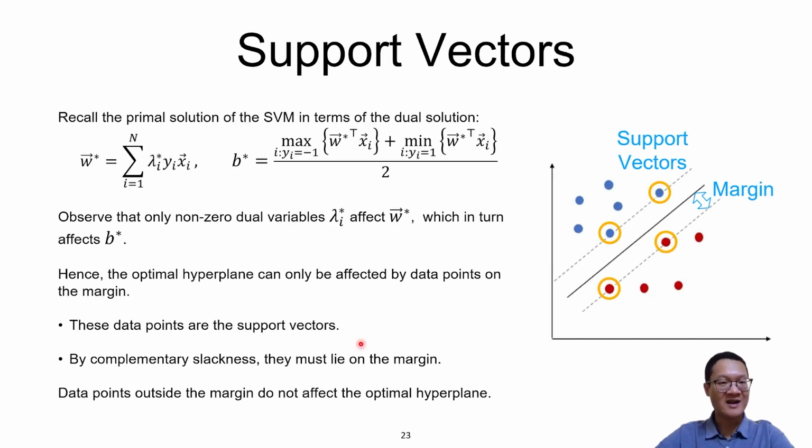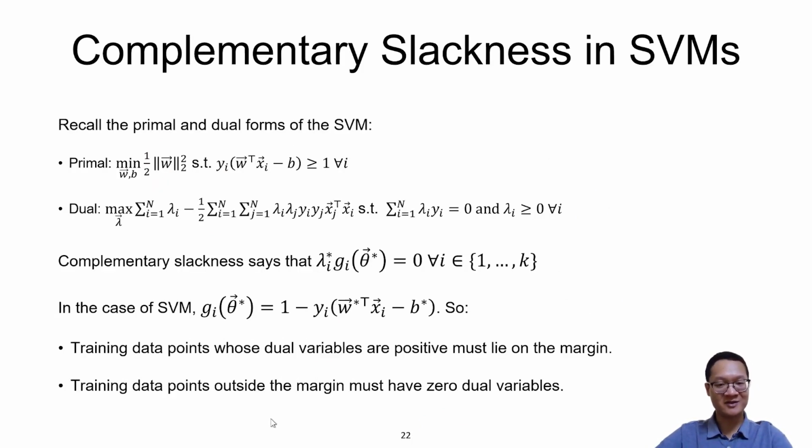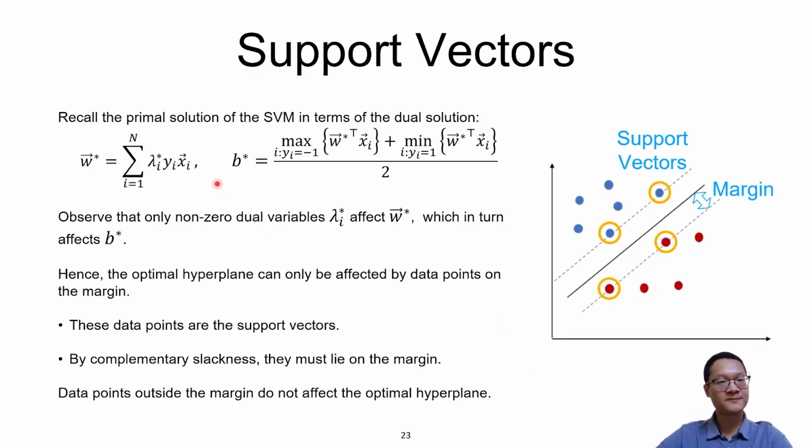On the other hand, when lambda i is greater than 0, meaning that for any data points that do affect the decision boundary, they must lie on the margin. Okay, so this is exactly what we expected from the geometry earlier, right? Now that we have solved the entire optimization problem, we see that the math says the same thing as well.